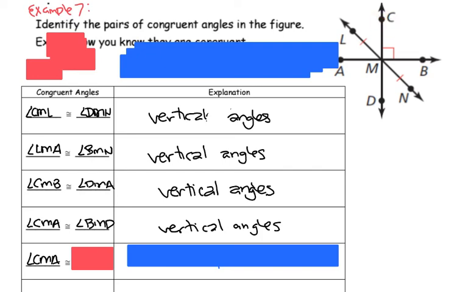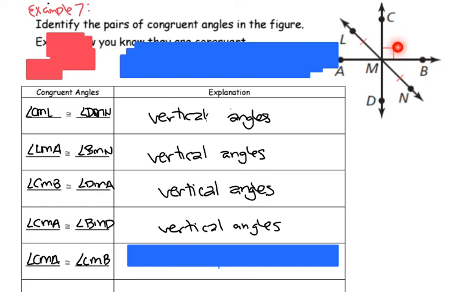So angle CMA could potentially also be congruent to angle CMB. Notice they create a linear pair. They're side by side, adjacent to each other, and they share a common ray.